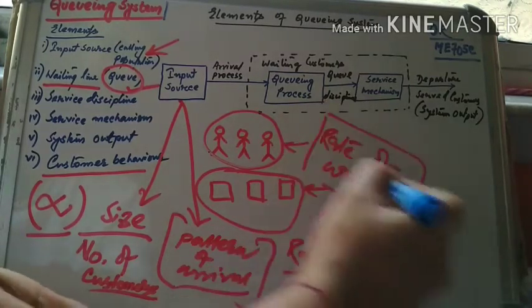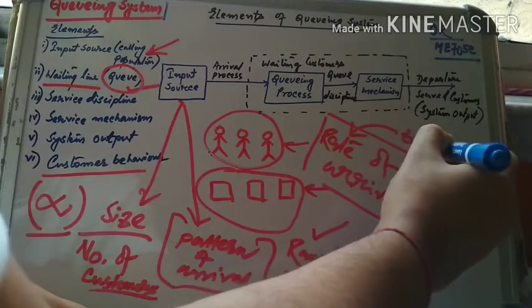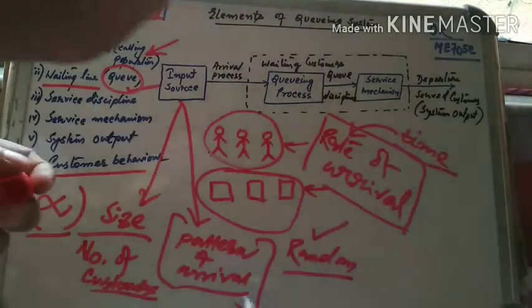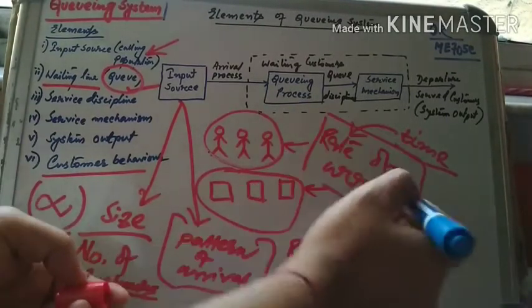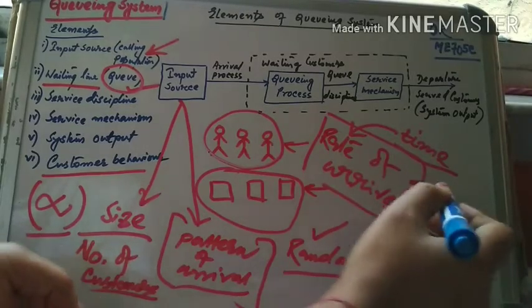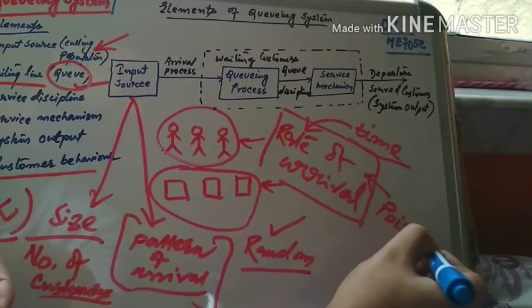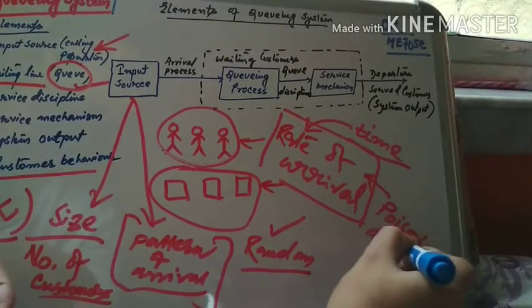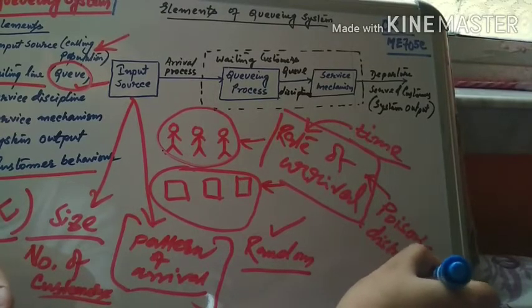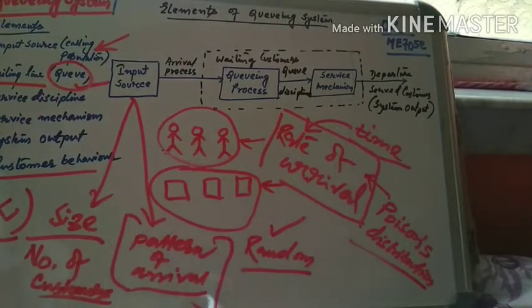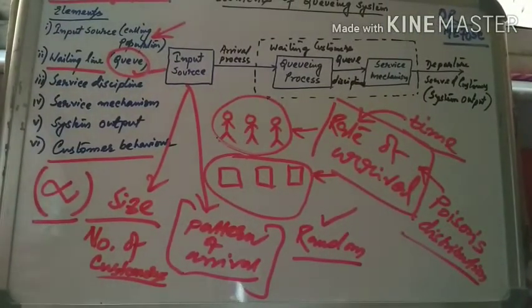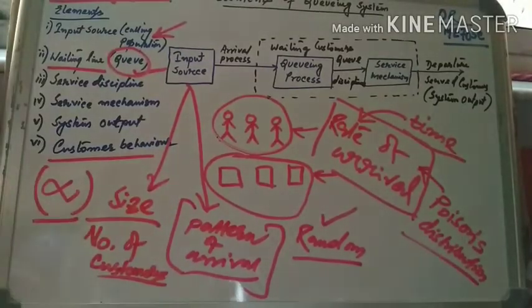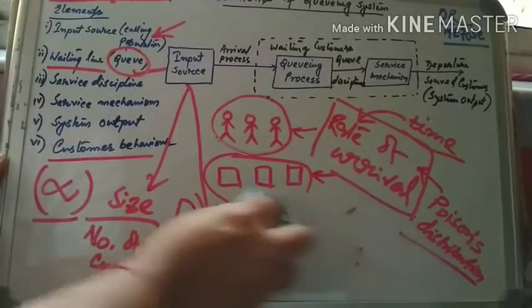Rate, you know, means involvement of time. So the number of arrivals per unit time, or the rate of arrival, is estimated by Poisson's distribution, as we don't know the exact rate of arrival. Now the mean arrival rate is one of the most important things I am going to tell you.